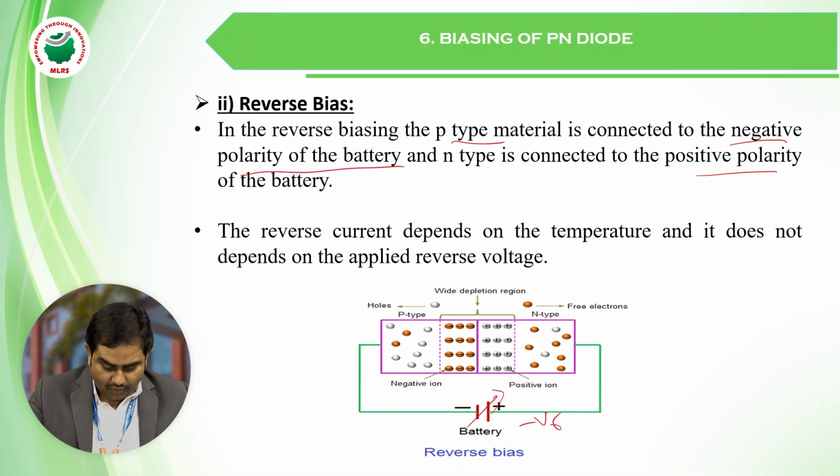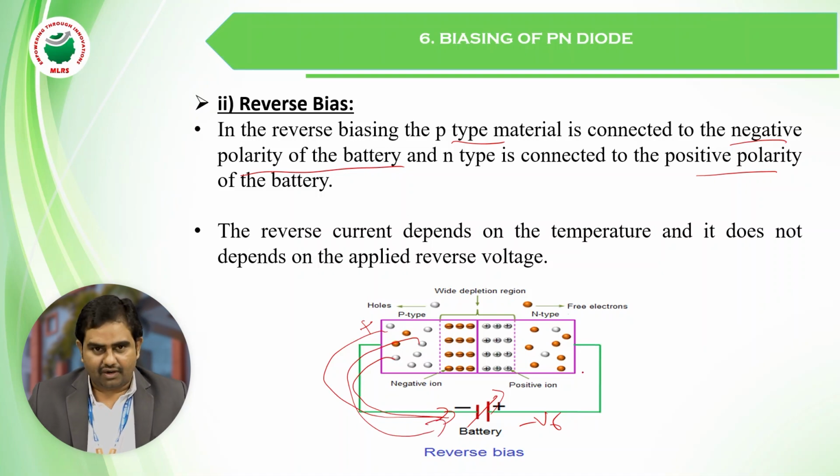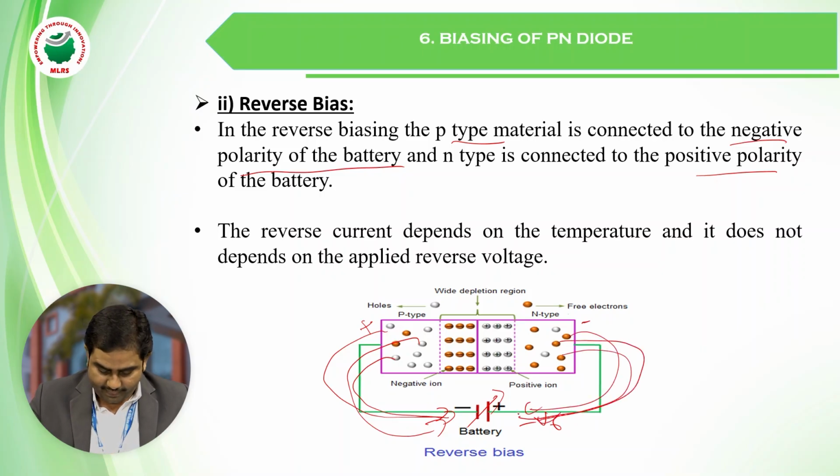The holes, which are positive charges present in the p-type material, will be attracted towards the negative polarity of the battery, and the electrons, which are negative charges present in the n-type material, will be attracted towards the positive polarity of the battery. Here there is no recombination of charge carriers from p-type to n-type and n-type to p-type. If recombination is there, it is very little, and that is due to minority carriers, but majority carriers will be attracted towards the polarities of the battery.